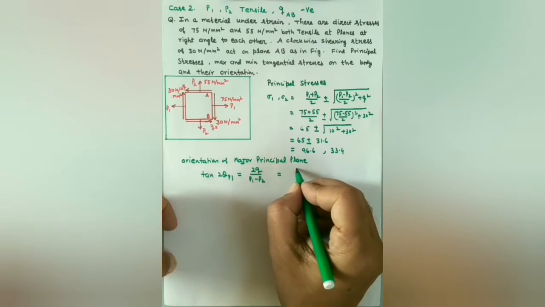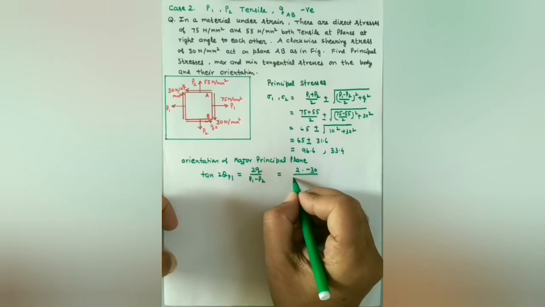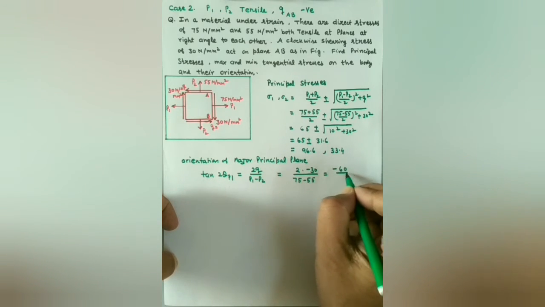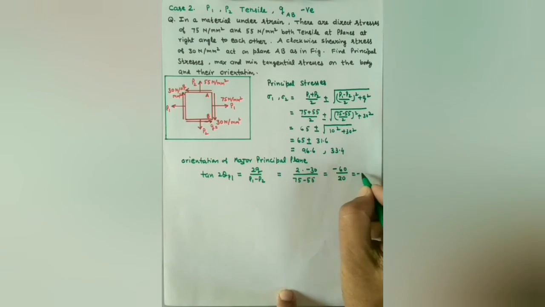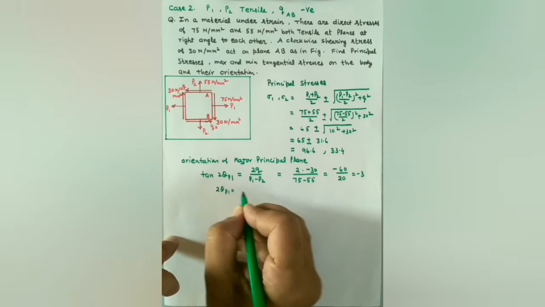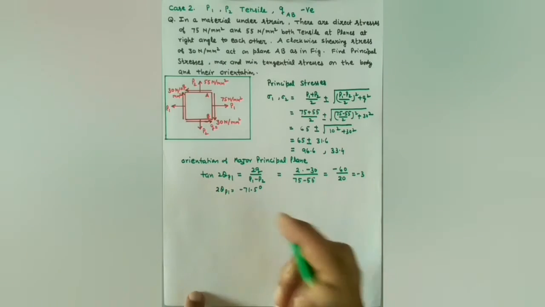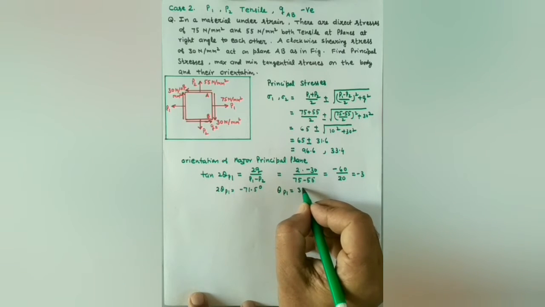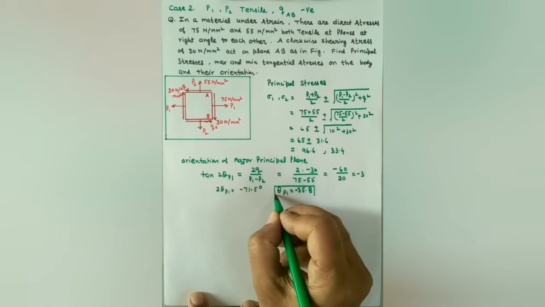So putting values, we have 2 into minus 30, because the shear stress is clockwise, it will be taken negative, over 75 minus 55, so this gives equals to minus 60 by 20 equals to minus 3. So 2 theta P1 is tan inverse of minus 3, which gives a value of minus 71.5 degrees. So theta P1 will be half of this, that is theta P1 equals to minus 35.8 degrees.